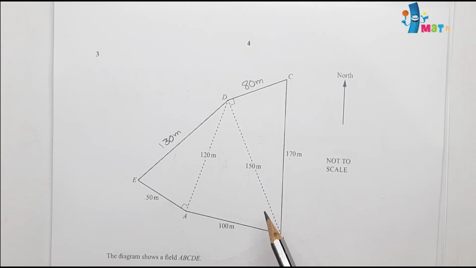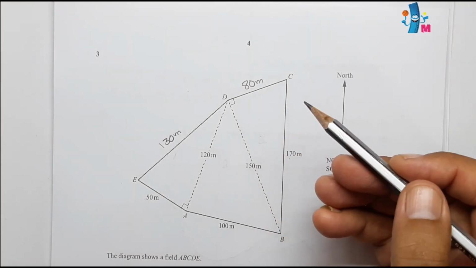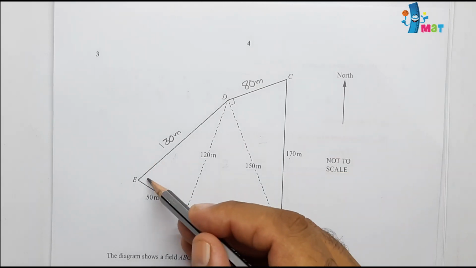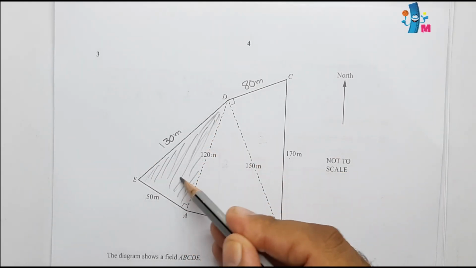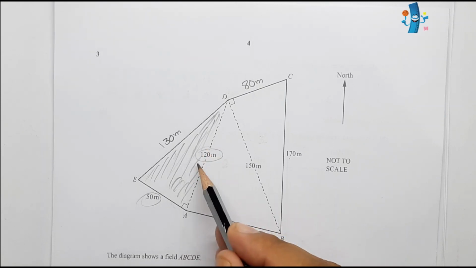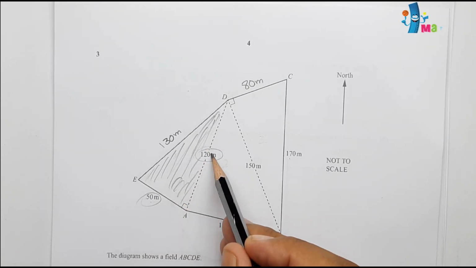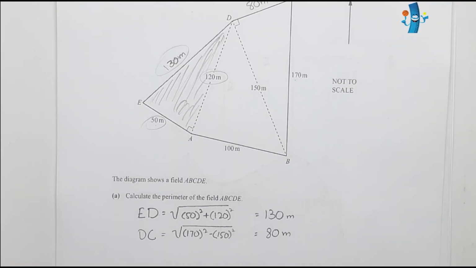So if you see, this is the first triangle. We can go through this triangle first, and we have to calculate this side ED. This side is given, this side is given, 50 and 120, and this one we have to calculate. So we can apply Pythagoras theorem.